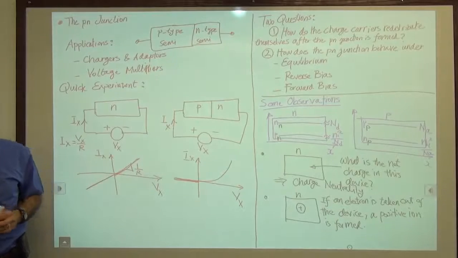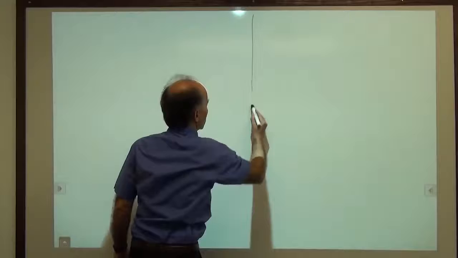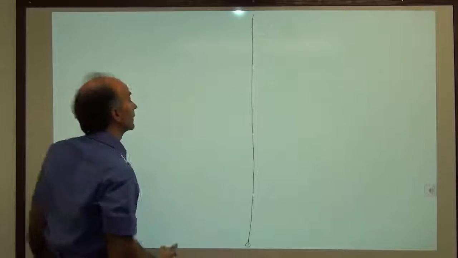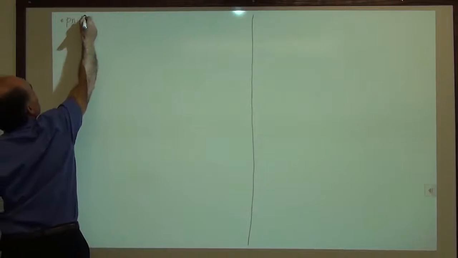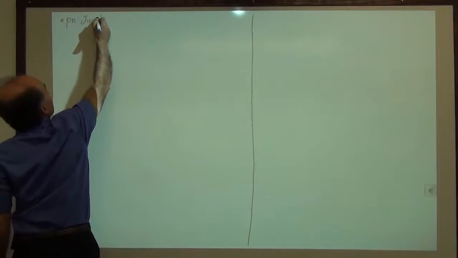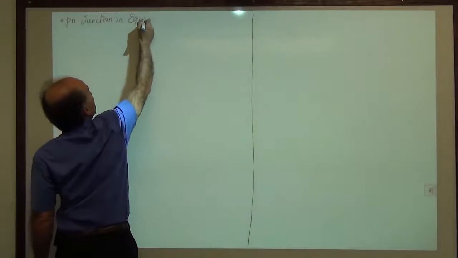Now, with these, I think we are ready to embark upon our first study of the p-n junction. So let me add one more page. All right. Okay, so what we will study now is the p-n junction in equilibrium.